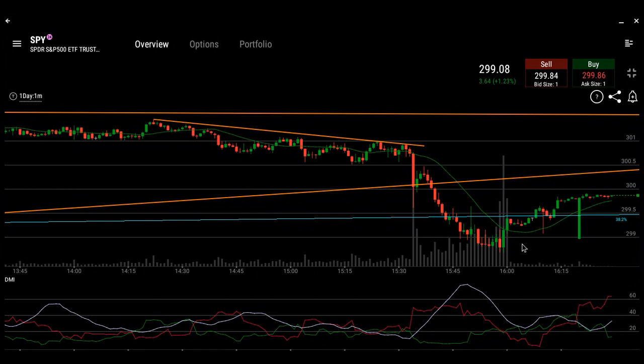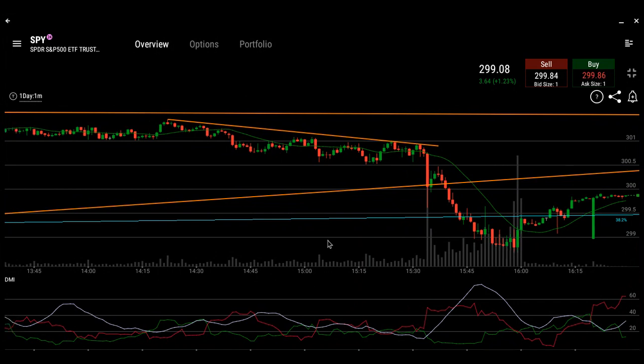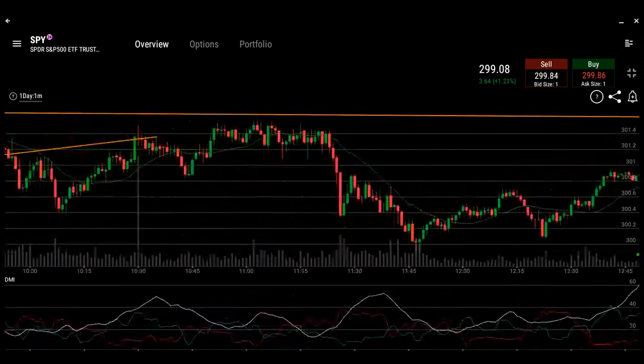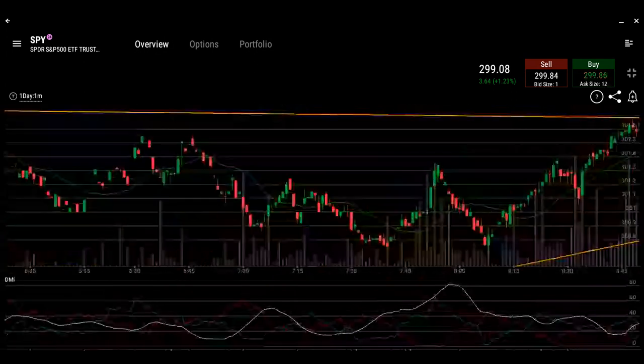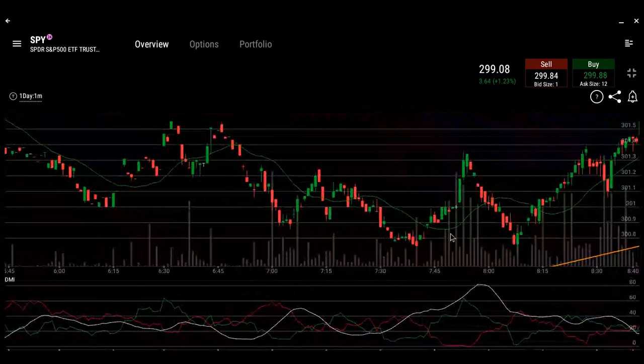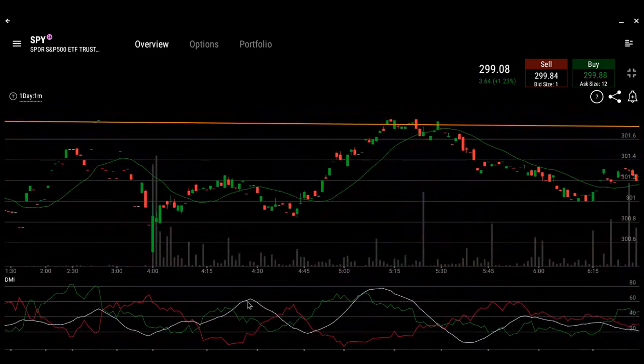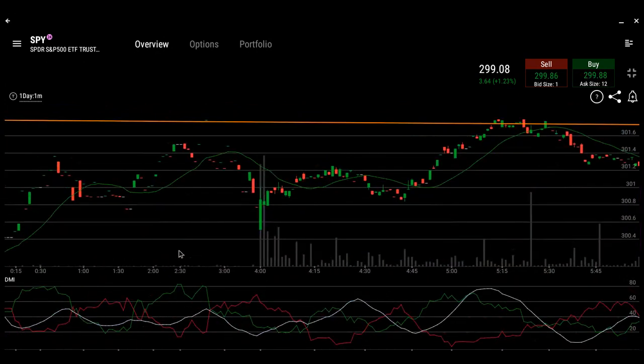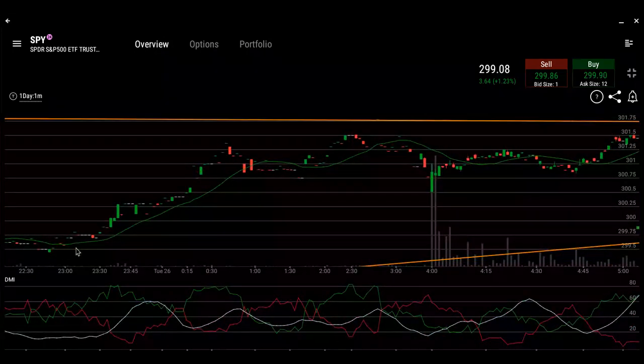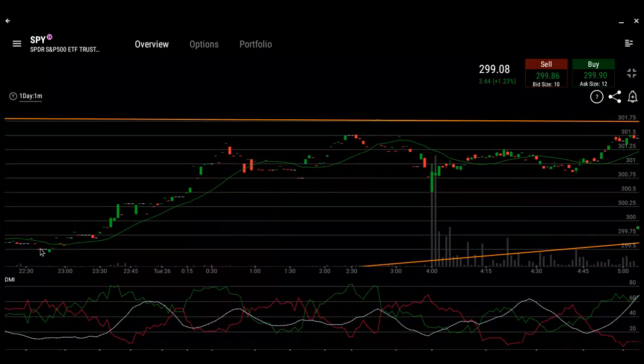It hit the 298 level, which is what the morning session was, around a 298 level, wasn't it? Yeah, right here. 299.50 last night.